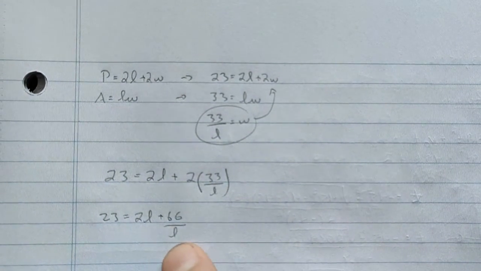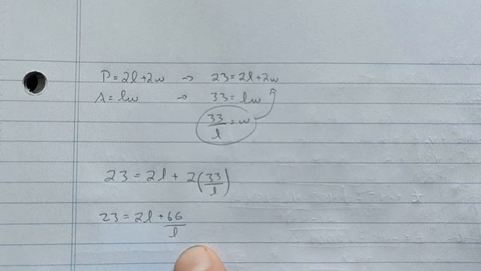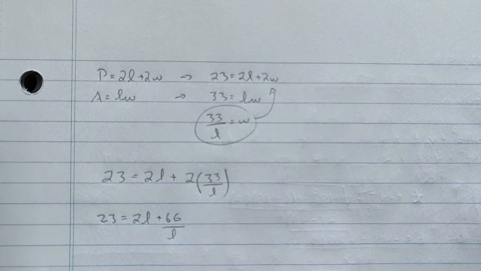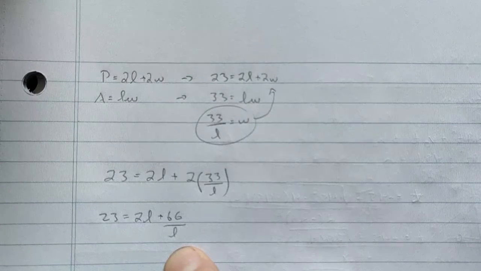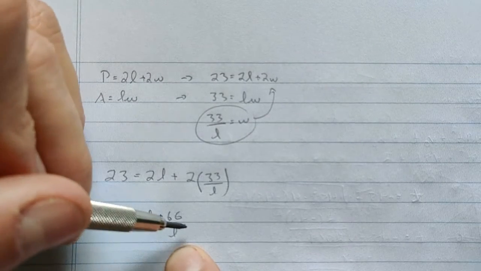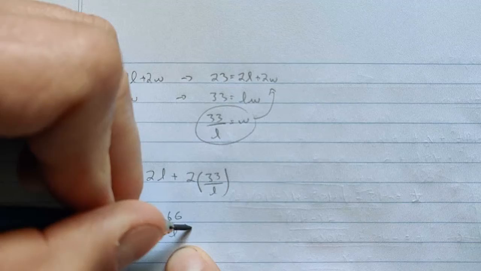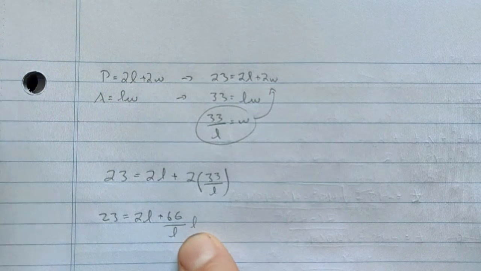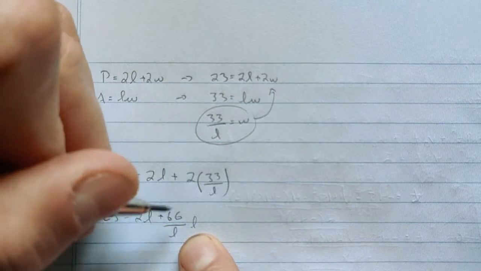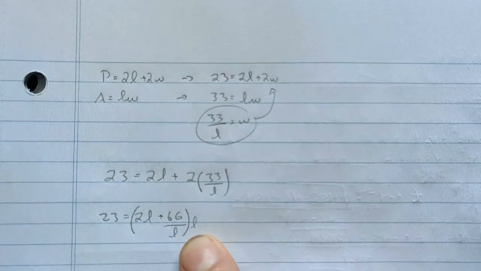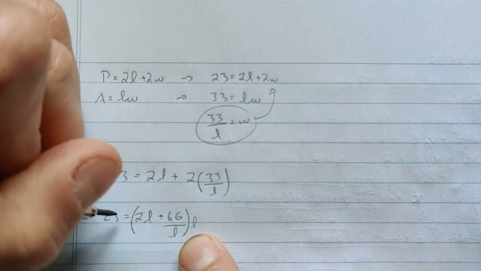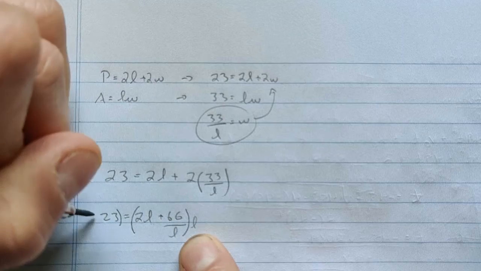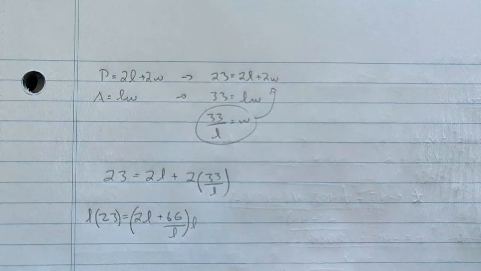This has an L on the bottom of a fraction. It's kind of messing things up. I want to get rid of that L on the bottom of the fraction. And so to do that, I need to multiply this by L. But if I multiply this by L, I also have to multiply this by L. So I'm going to multiply this whole side by L. And if I do that, then that means I got to multiply this side by L as well.